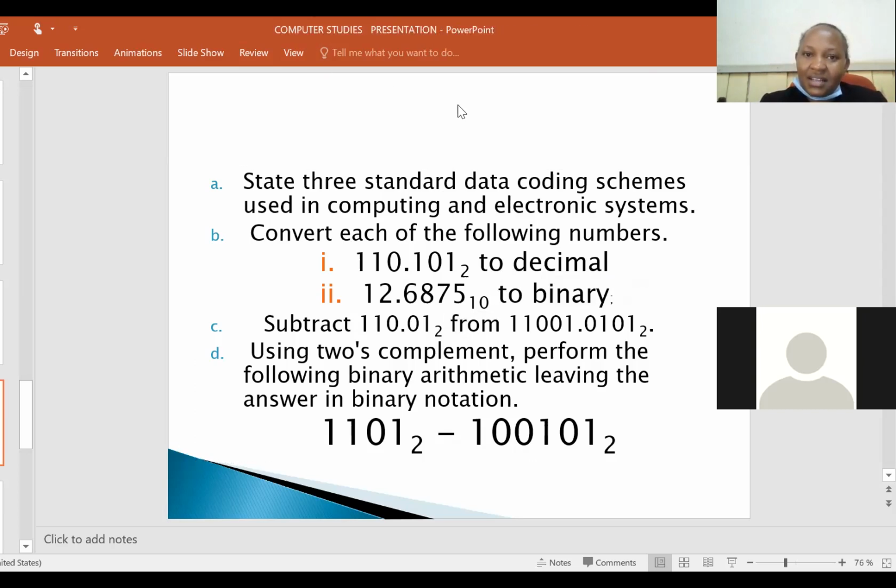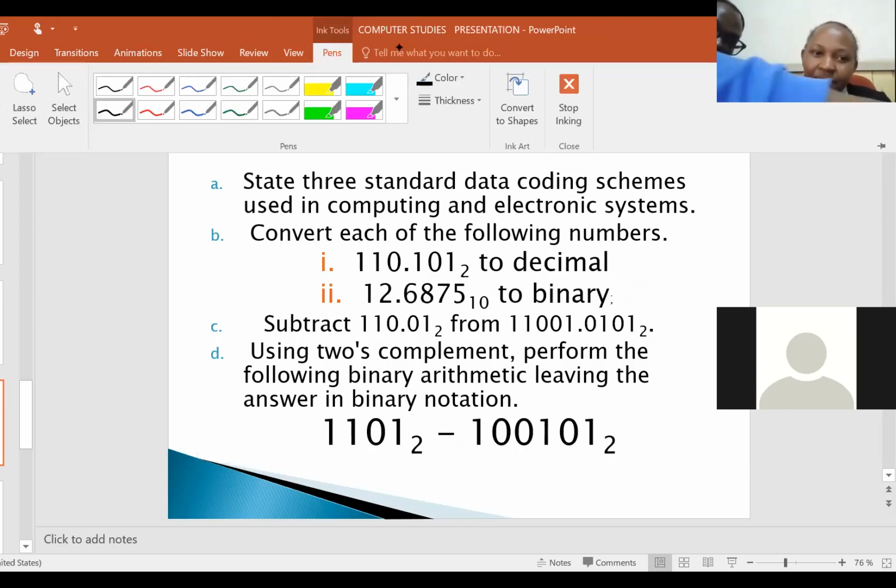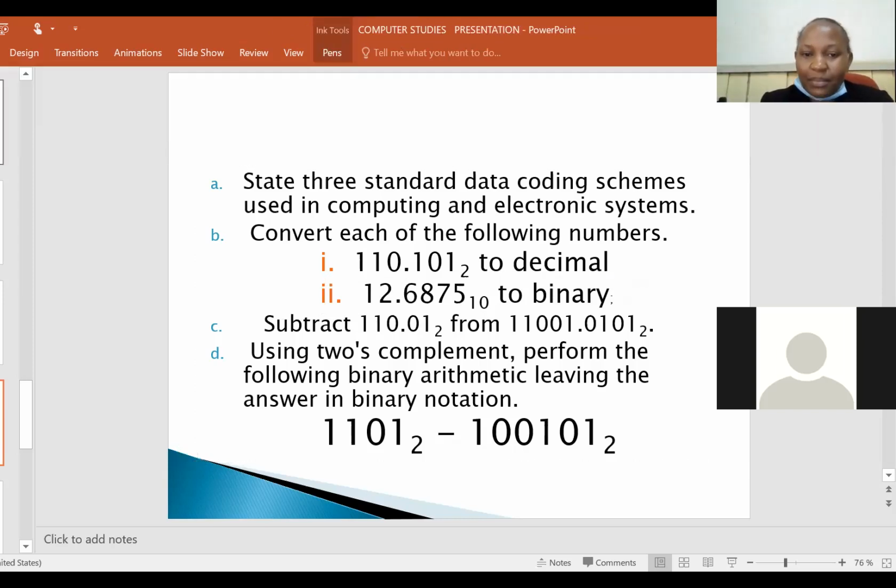So you are supposed to subtract 110 point this number. You are subtracting it from this. So you are supposed to rearrange the order of these numbers.